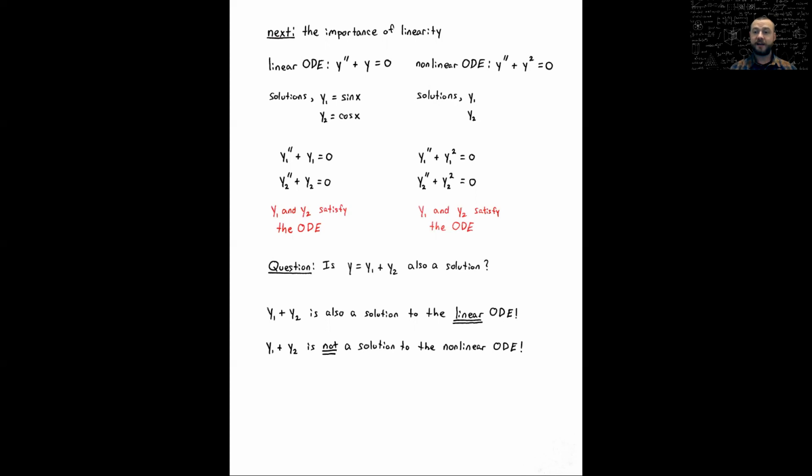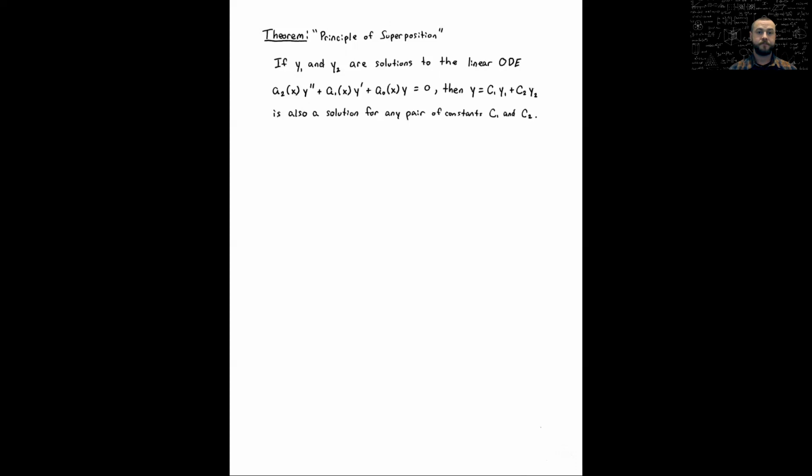Let's summarize what these two examples are getting at. We have our first theorem, and this is what's known as the principle of superposition. Very important in electronics, electrical engineering, and quantum mechanics, but we'll save that for later.